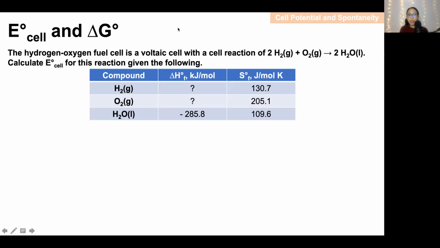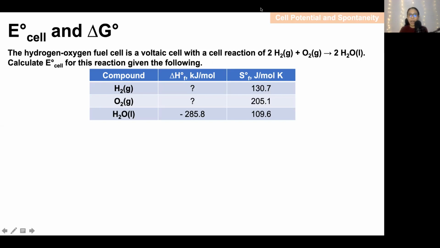Okay, so let's try solving this problem. So we have the hydrogen-oxygen fuel cell. So it says it's a voltaic cell. Remember, voltaic or galvanic cell is a cell that gives a positive cell potential. So we expect to get a positive cell potential in this problem. So we have the reaction, and we have the delta H naught F and the delta S naught F of the reactants and the product.